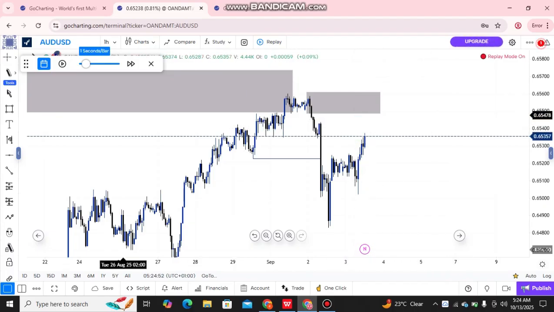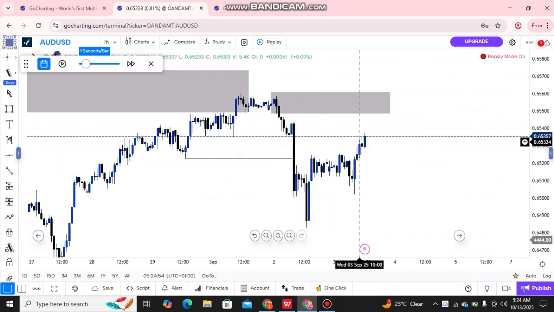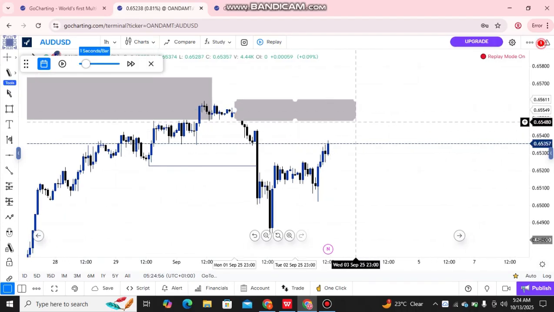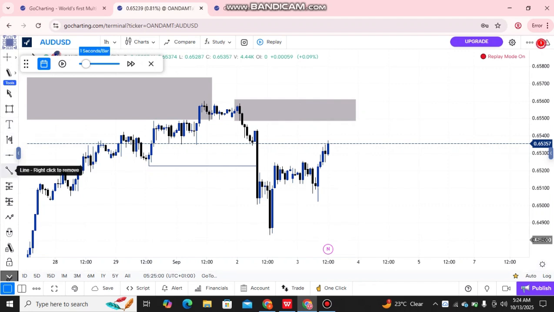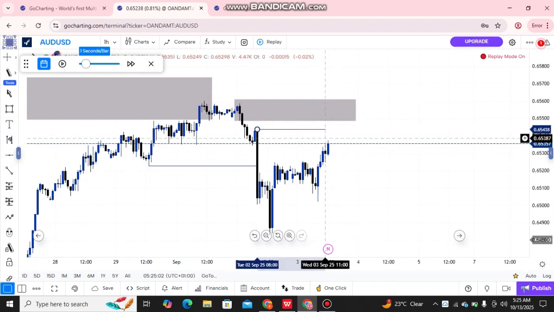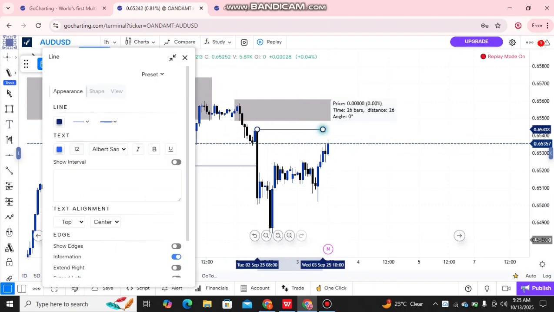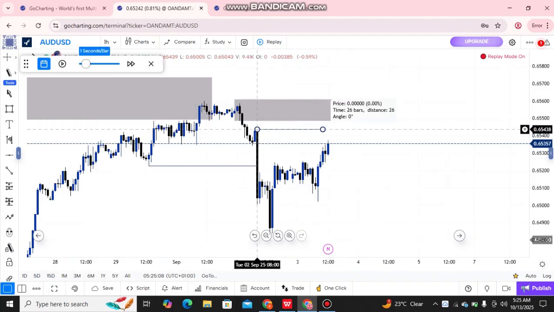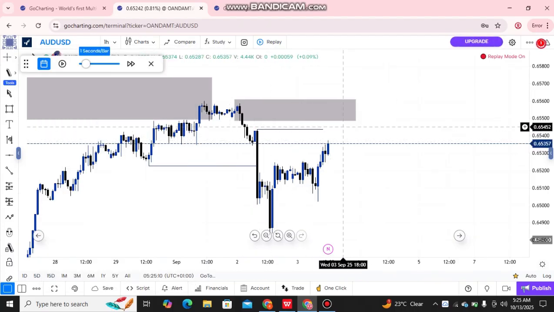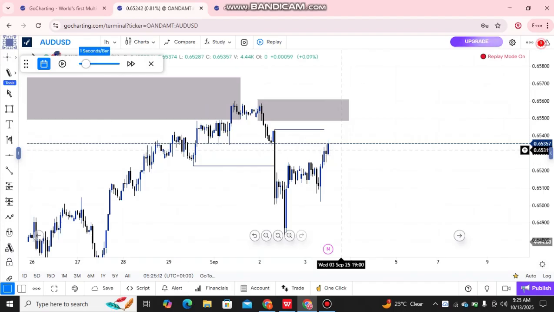So we'll just leave that for now. But since understanding the concept of premium and discount, you're going to see that this is an inducement, right? Because price is most likely to run over this zone and use it as inducement or liquidity to go to our more extreme supply zone.